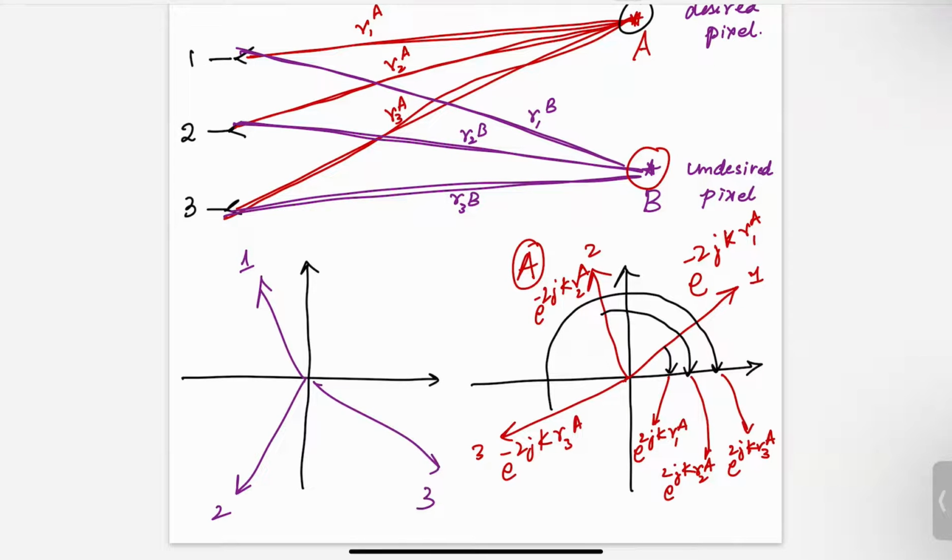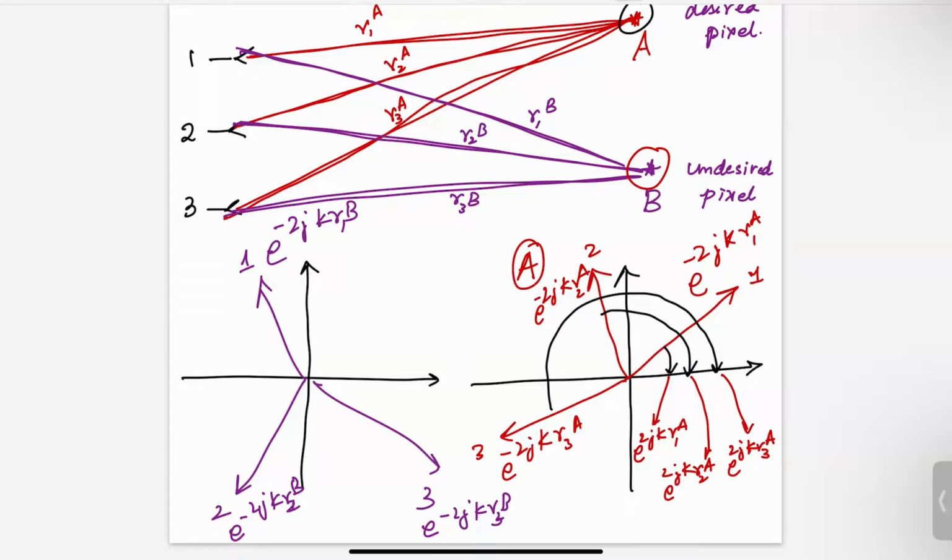right? But now each of them is going to have, so this one would be e to the minus 2jk r1b. This is e to the minus 2jk r2b. And this is e to the minus 2jk r3b, right?